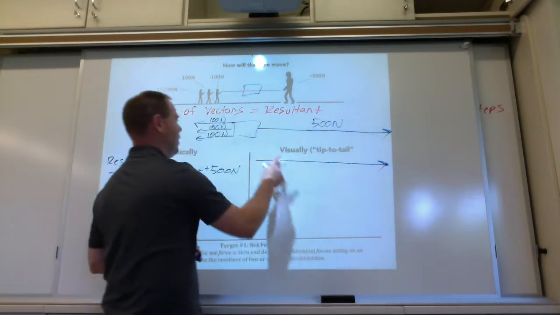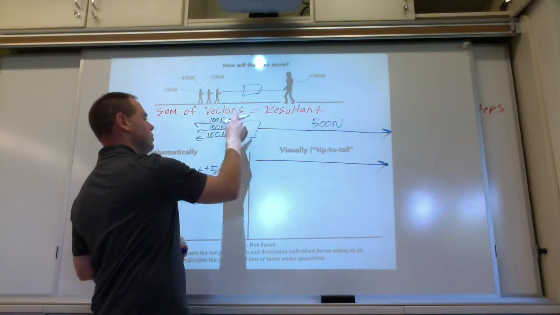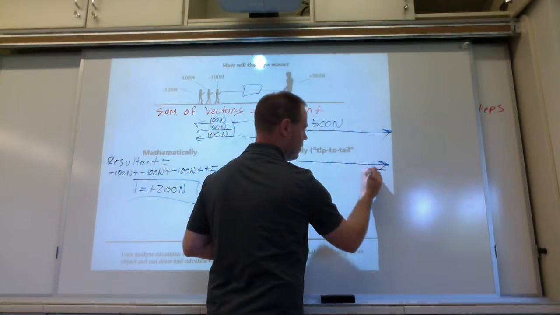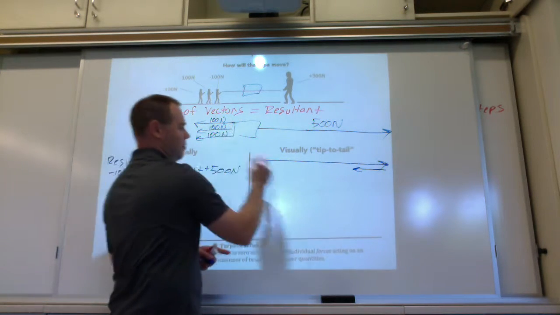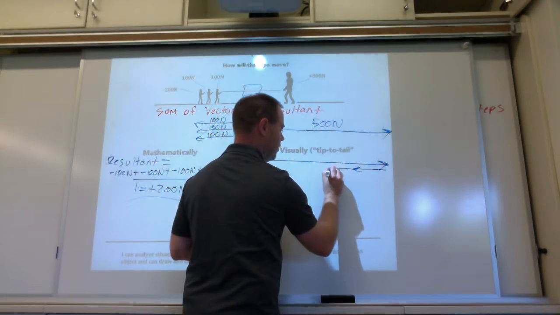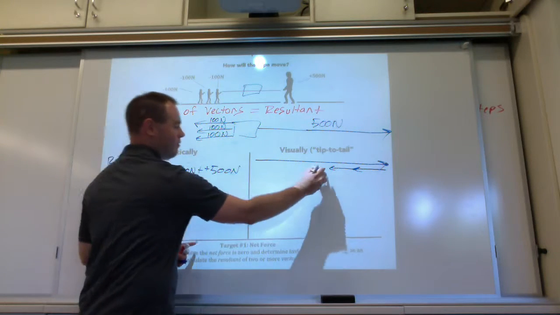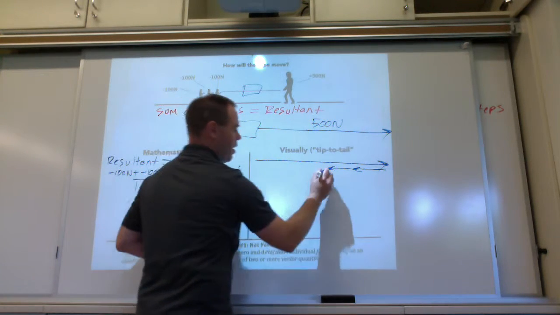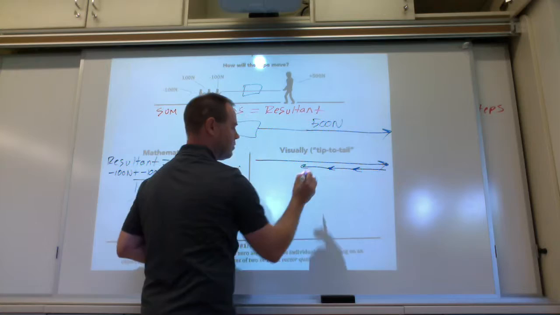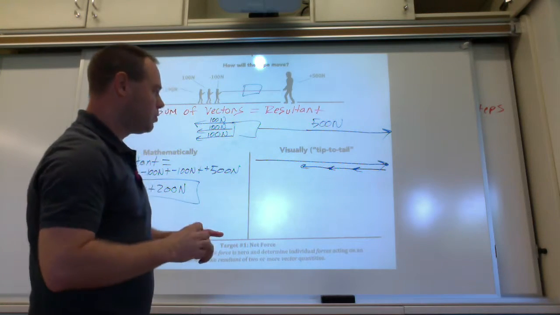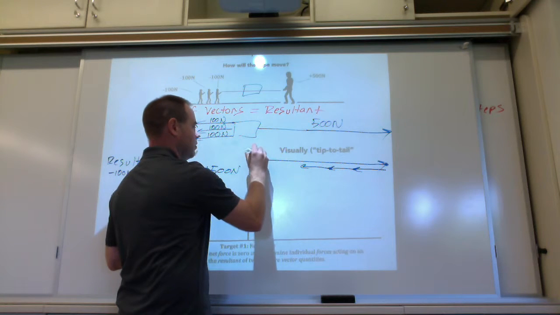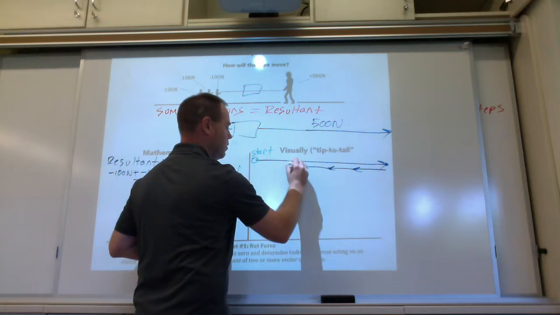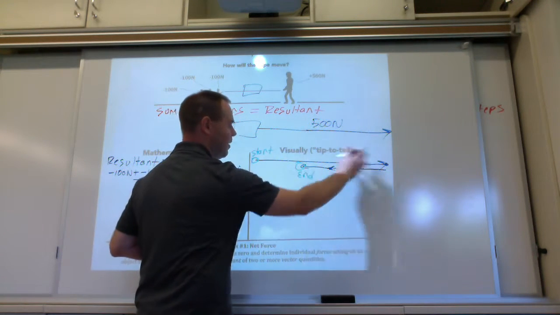So at that tip, we're now going to draw the tail of this one. So it's going to come back 100 newtons like this. And where we leave off there, we're going to draw the next one. So that one is going to come to the left another 100 newtons. And then where we leave off with that one, we'll draw the last one. And it's going to go like this, another 100 newtons to the left. And so the resultant is the line from our start to our end of this whole chain of vectors.